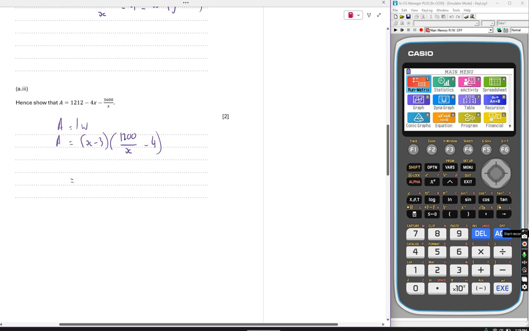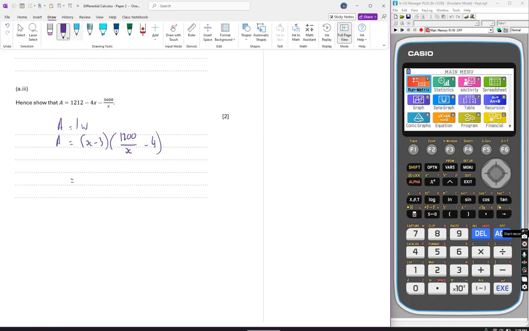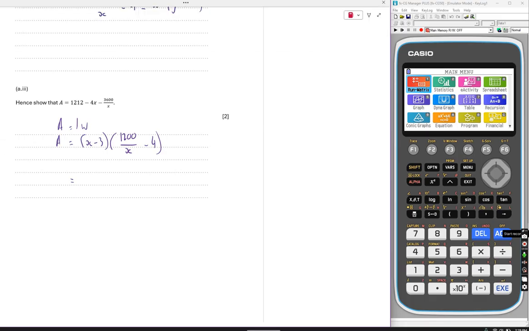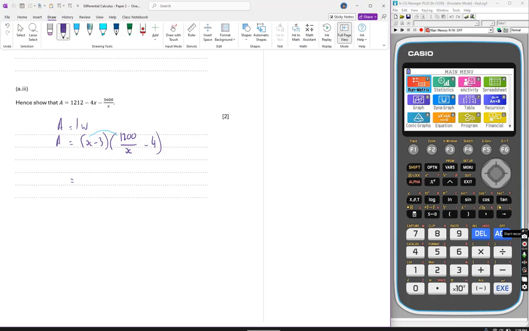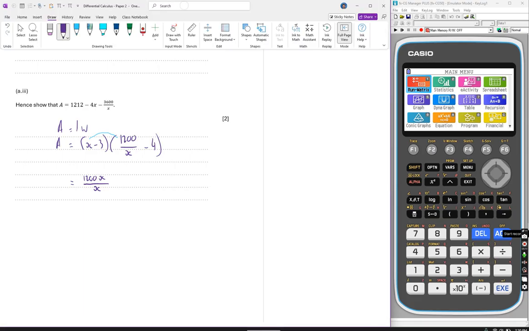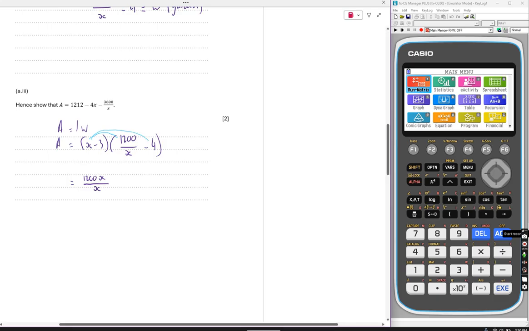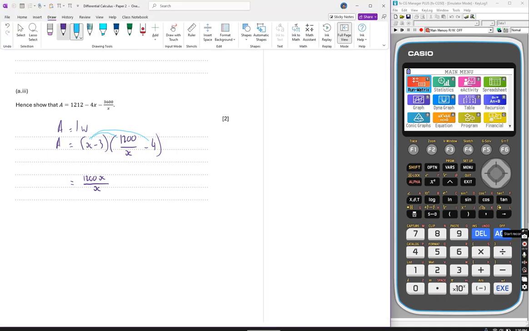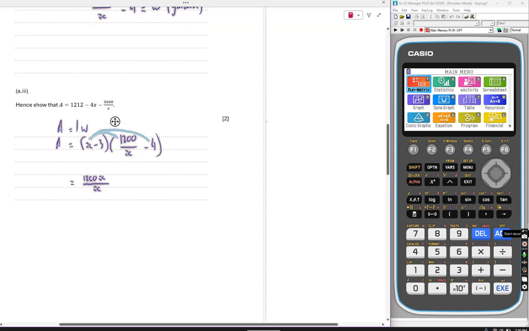We're going to expand. We're going to do x times 1200 over x. This is going to be 1200x divided by x, and you can see that the two x's are going to cancel in a second. Now let's do x times the negative 4. So we're going to have negative 4x.